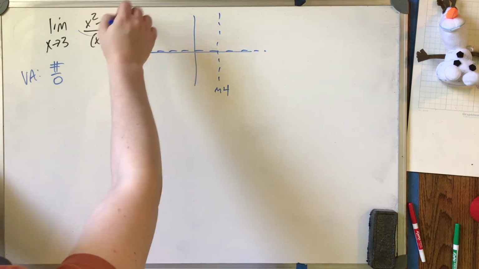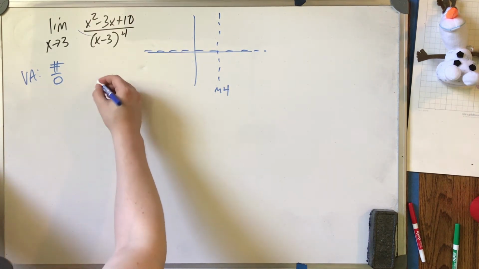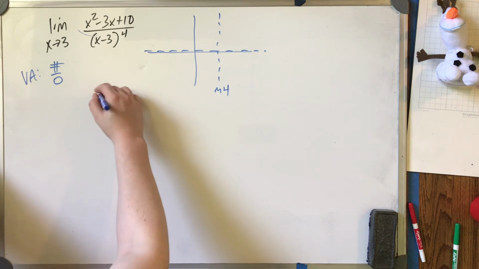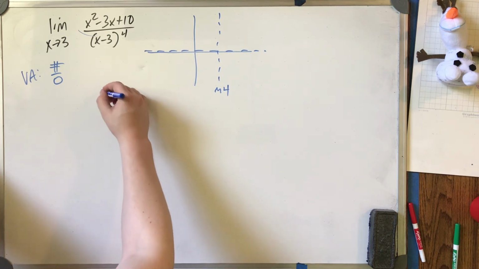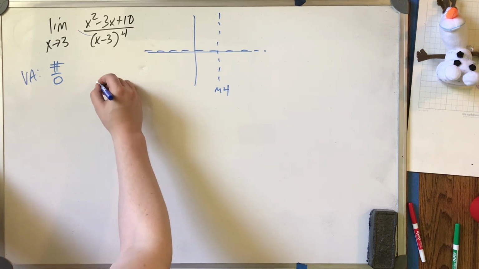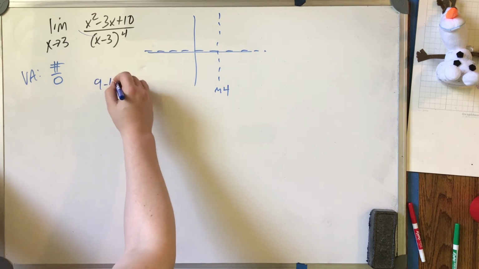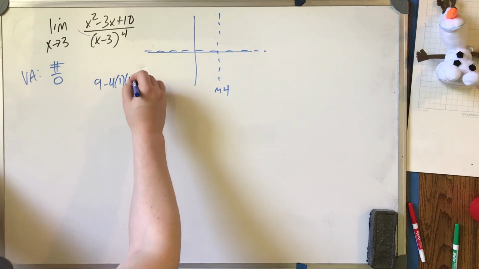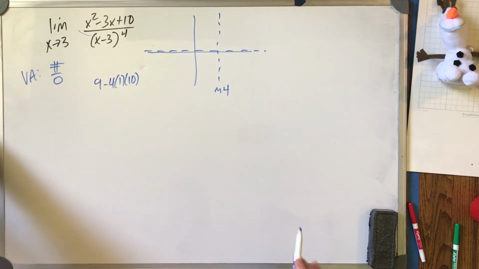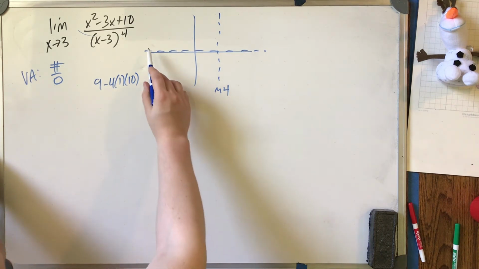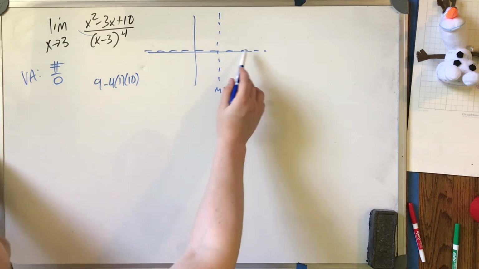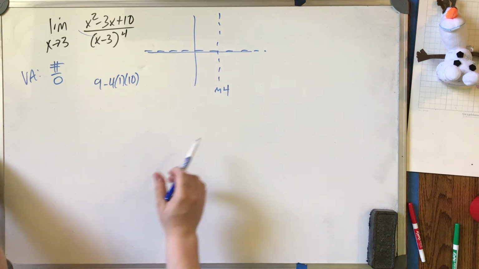And if I try to factor that, I'm not sure if it factors to anything. So I'm just going to do the inside of the quadratic formula to see what happens. So I'm going to get b squared minus 4ac. So this is going to be a negative number, which means that there are no real solutions. So I'm never actually intersecting this line ever. So I'm either always above it or always below it.